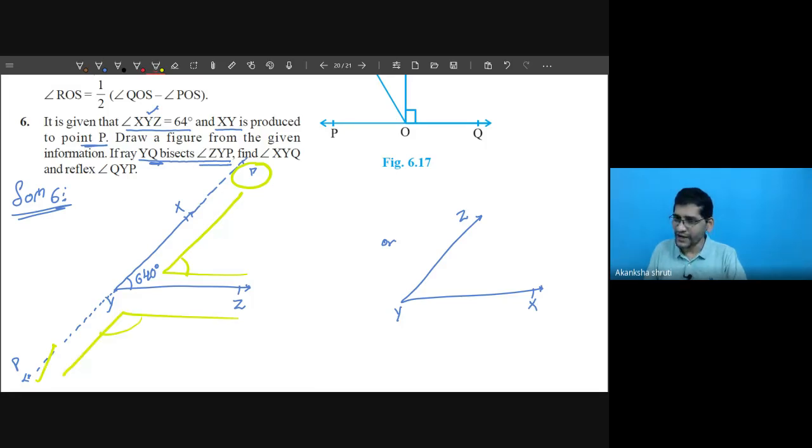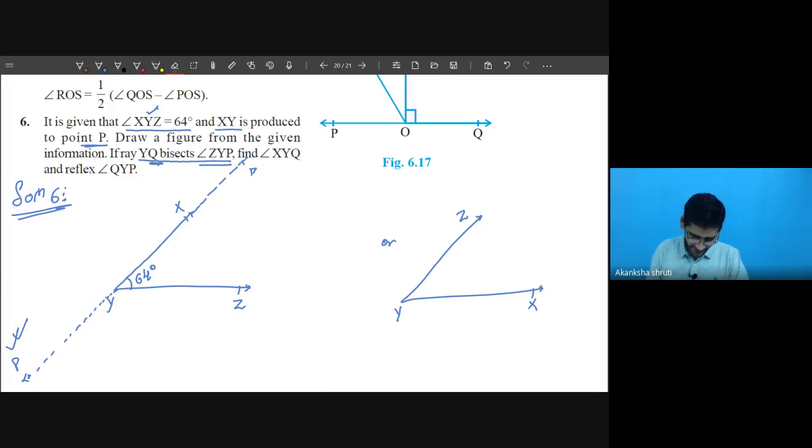So this one is preferable, this one is not preferable. Otherwise there is no question, because in this case the angle will be 64 degrees itself. Are you getting it? Students, are you getting it or not? So this P is correct, this P is wrong. This way, whatever information is given, you have to use it to determine it. So we have determined that P is somewhere on the back side of Y.